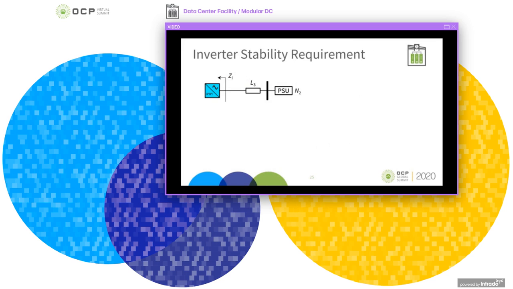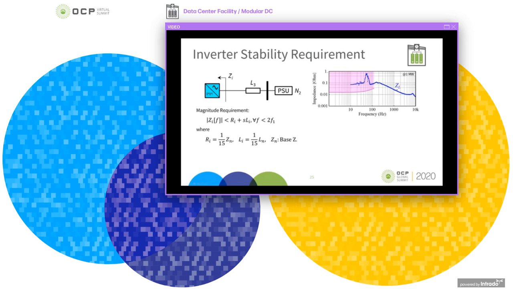This is on the inverter impedance requirements. There are two requirements. The inverter is shown here in blue, and then there is an interconnection impedance L3 that connects it to the power supplies in the network core of the Facebook data center.